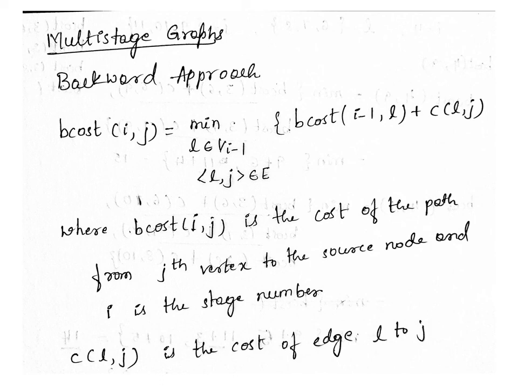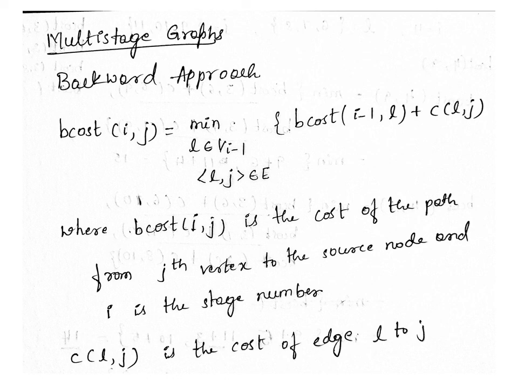So let's discuss the backward approach of the multi-stage graph. Here we have the formula bcost(i, j) equals the minimum of bcost(i-1, l) plus c(l, j), where l belongs to Vi-1, i is the stage number, and (l, j) belongs to E, the set of edges in the graph.